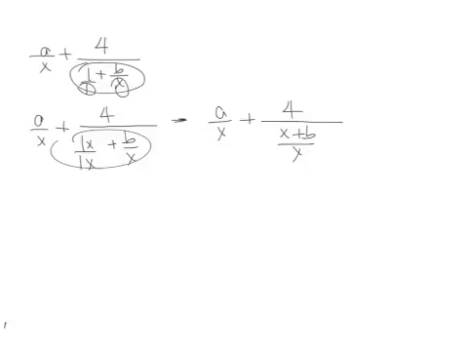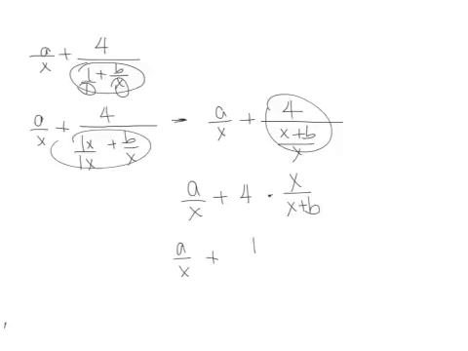So at this point, I can take it and invert and multiply. Ax plus 4 times, so I invert it, turn it upside down, and multiply it by the 4 because these are together. And I get a over x plus 4x over x plus b.